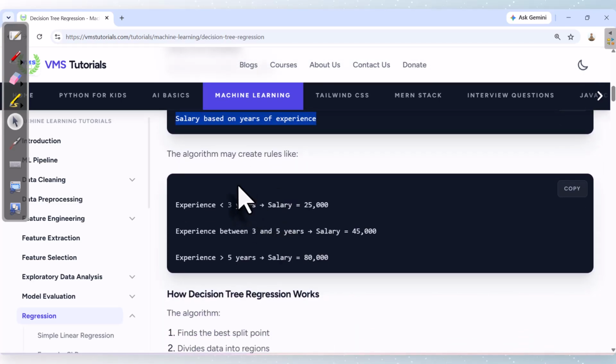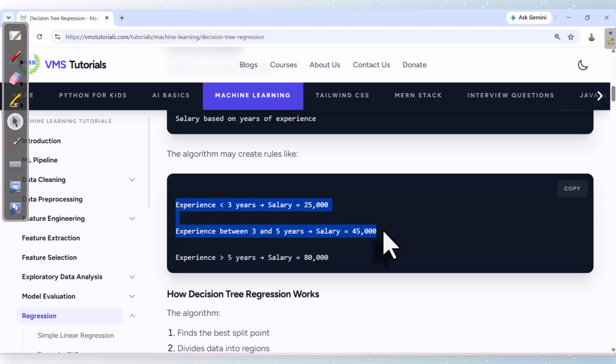Then the decision tree algorithm is going to create some rules. If the experience is less than 3 years, then the salary will be 25,000. If the experience is between 3 and 5 years, then the salary will be 45,000.